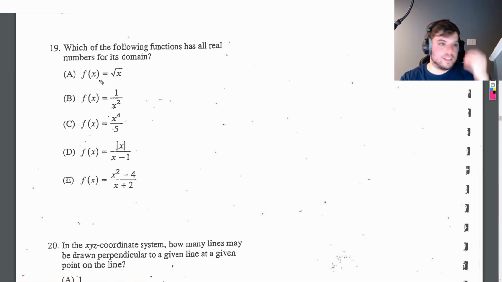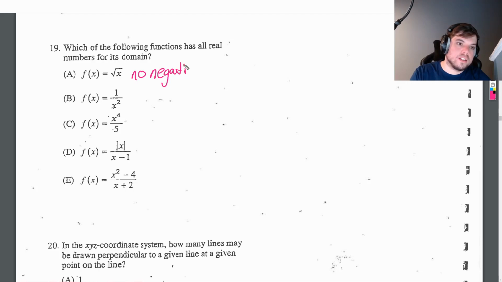We're assuming, based off of what we just read, that we have to make these assumptions. Okay. Has all real numbers. Essentially what you're saying is, which of the following can I plug in any real number and obtain a real number? Well, for the first one, we can't plug in negatives. Therefore, you can write the domain in a million different ways.